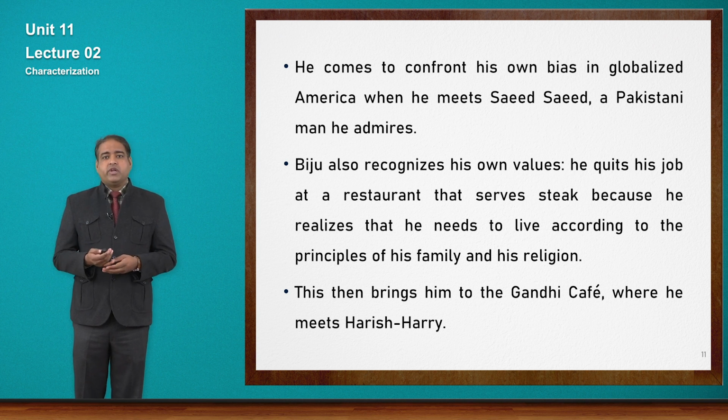So he has to leave that place. He proved that he had the roots of his family lying within him, and under the influence of those principles and the restrictions of his religion, he left that place.